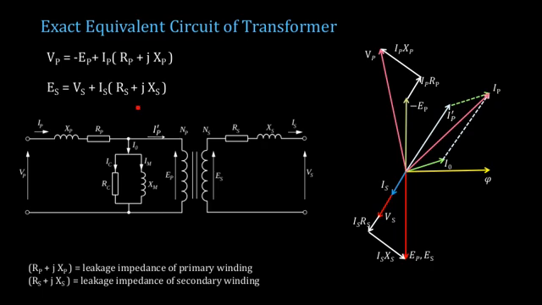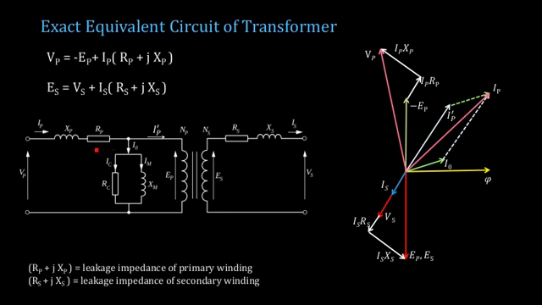Now we'll move to the exact equivalent circuit of the transformer, where we need to include the winding resistances as well as reactances. We have two sets of windings, a primary winding and a secondary winding. You have to include the resistance as well as reactance of the primary winding here, because it is inductive in nature.